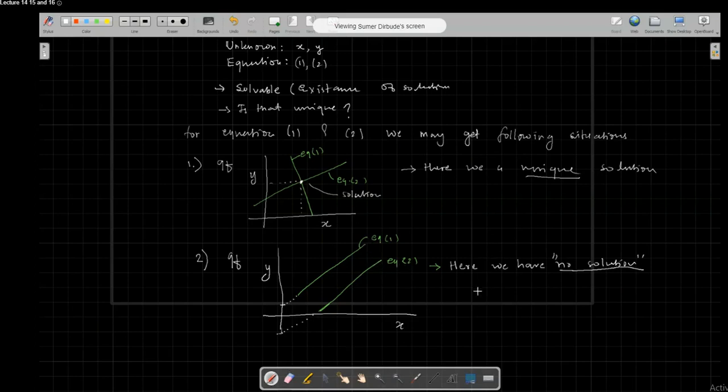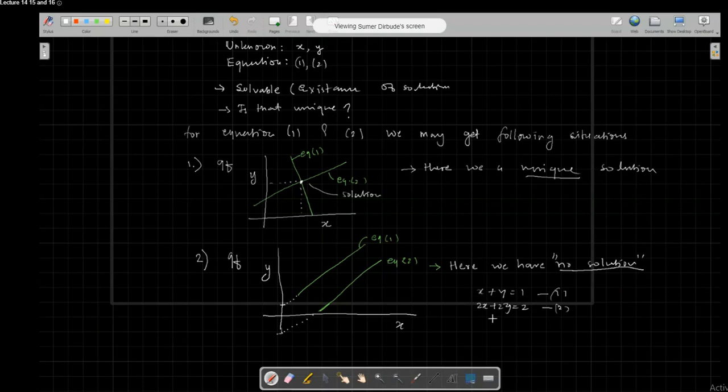Suppose you have x plus y is equal to 1, then it is just a shift of this, maybe by a certain number, say 2x plus 2y is equal to 2. These may be two equations, two variables, but the second equation is simply a combination of the first equation.